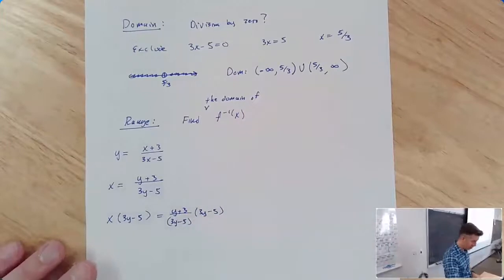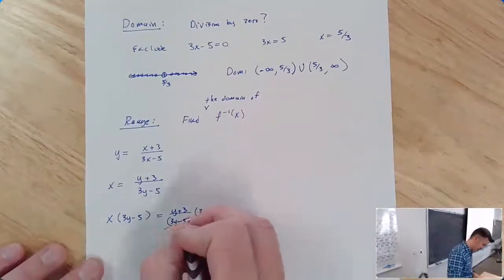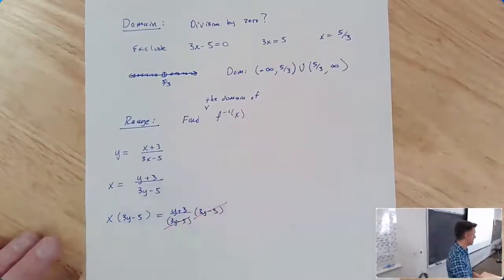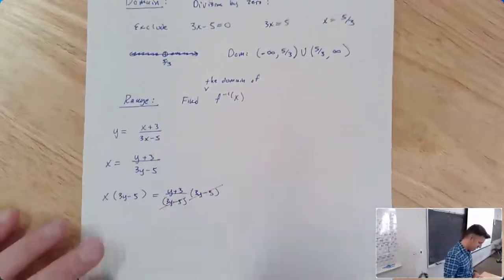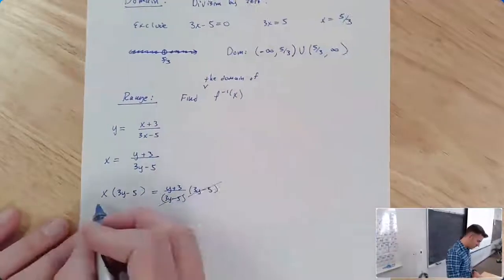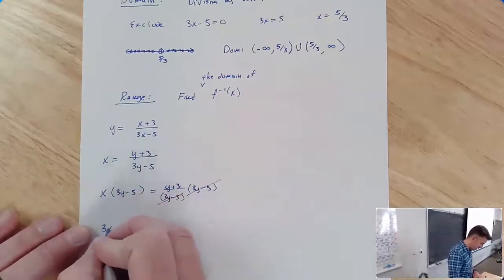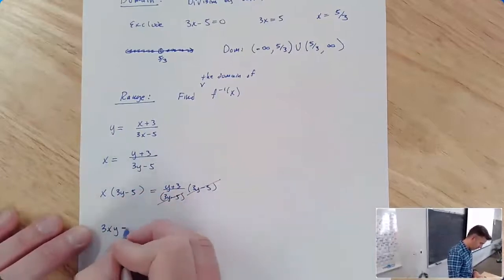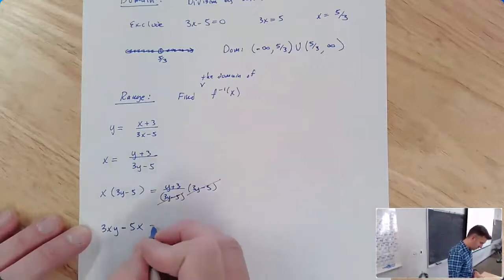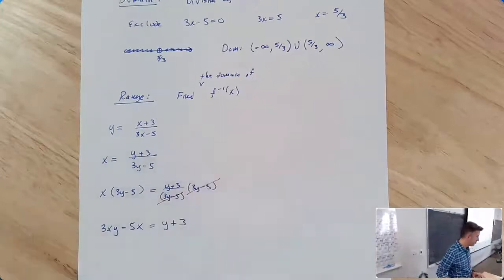The whole point of multiplying both sides by 3y - 5 is to cancel out that denominator, because I don't want to deal with any denominators. Distribute the x: x times 3y is 3xy, x times minus 5 is minus 5x, equals y + 3.